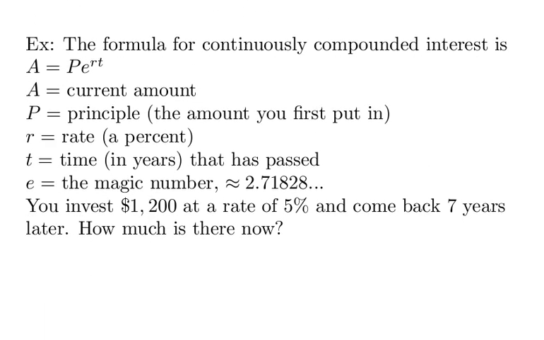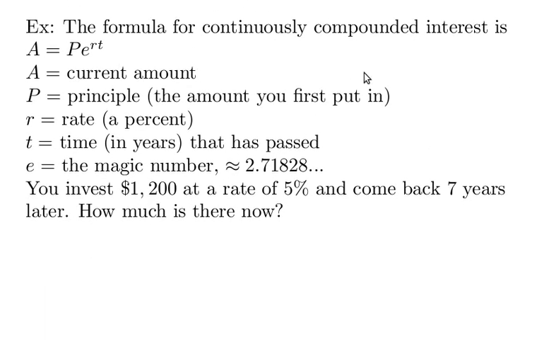The formula for continuously compounded interest is amount equals principal times e to the power of RT. So this is if you go into business, like the business algebra class has this formula. I think even the regular college algebra class has this formula.